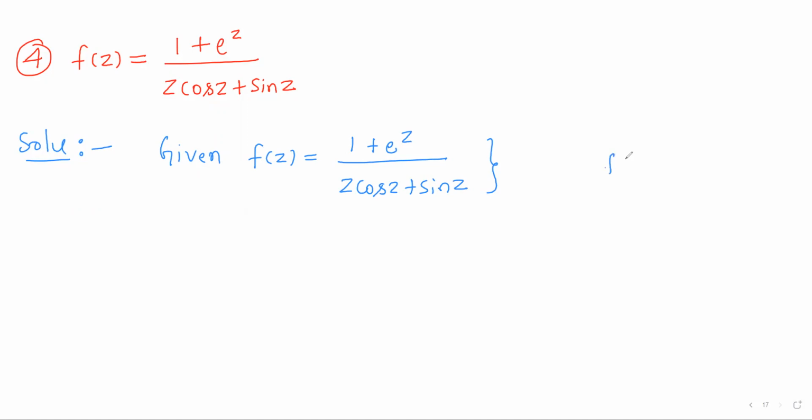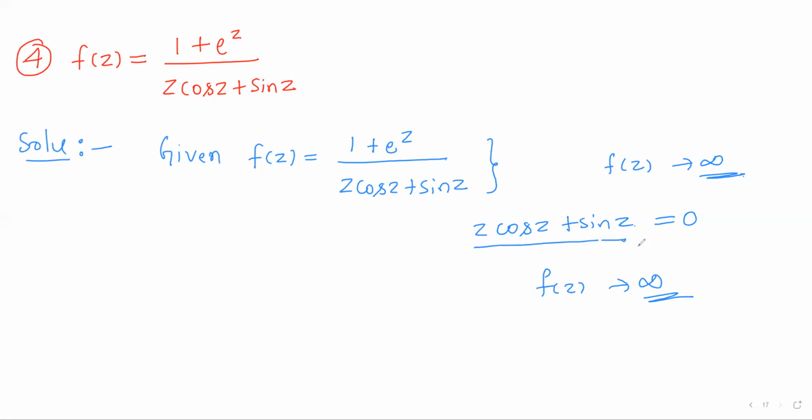So we are just checking for which points f of z is infinite. As the numerator function becomes infinite, f of z will also obviously become infinite. But 1 plus e to the power z never becomes infinite for any finite complex number z. So the only possibility is whenever the denominator function z cos z plus sin z becomes 0, the function f of z becomes indefinite. Right?